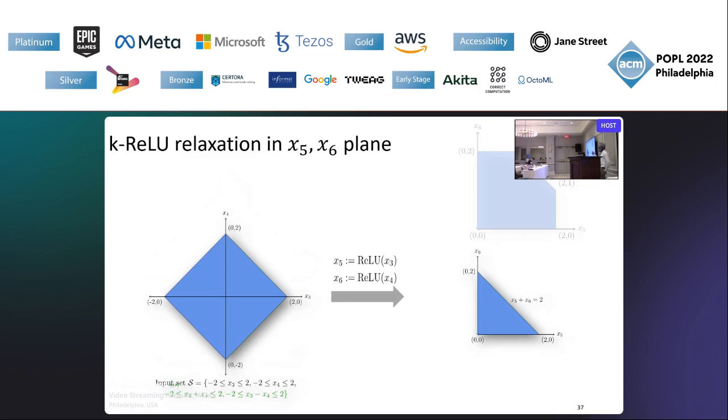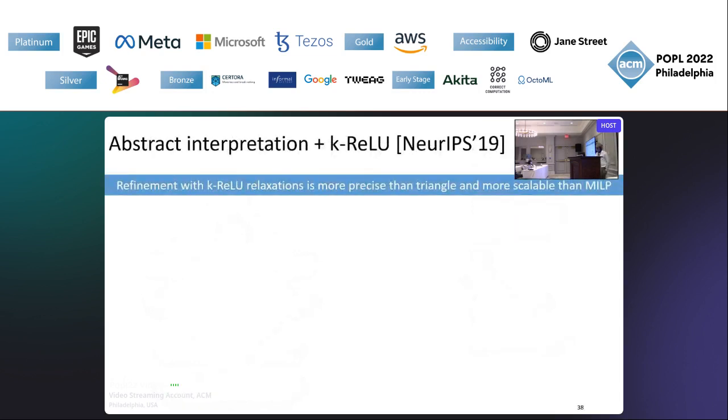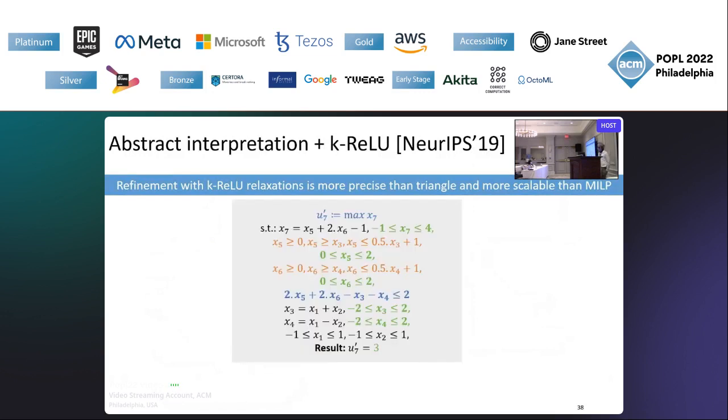Diagrammatically, if you visualize this output in the X5, X6 plane, it looks like a triangle, which is more precise than the pentagon that the triangle approximation was giving. Okay, so coming back to our example, instead of MILP encoding or the triangle encoding, now we plug in the constraints that we get from K-ReLU.